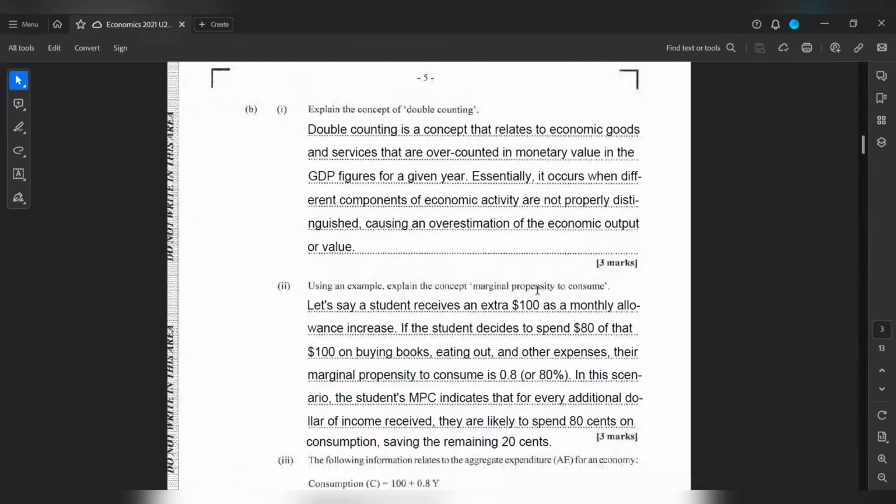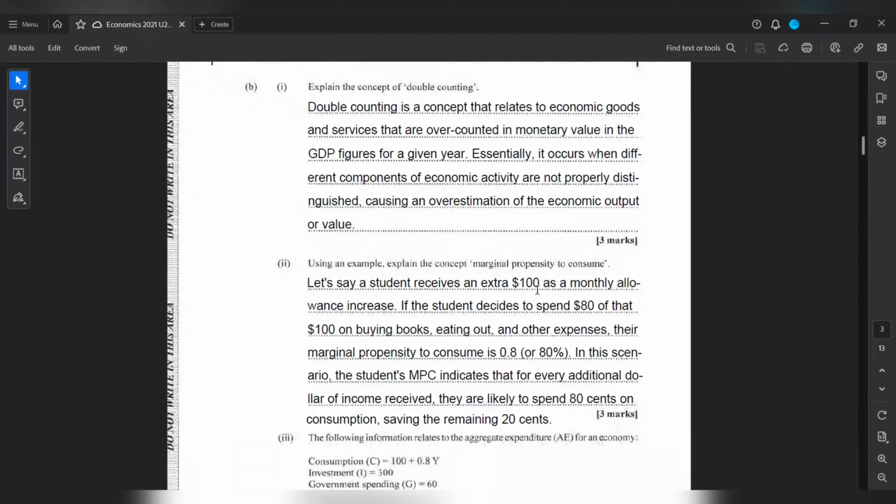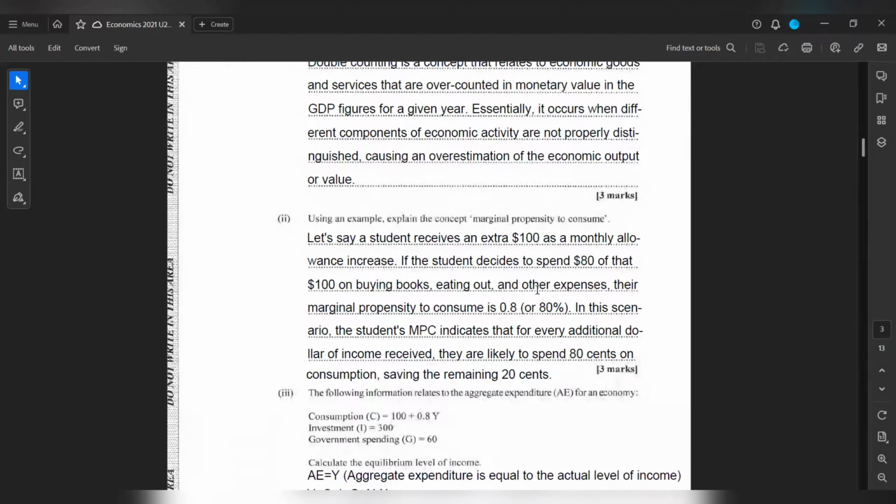Part 3, the following information relates to the aggregate expenditure, AE, for an economy. We have consumption, C, which is equal to 100 plus 0.8Y, investment, I, equal to 300, and government spending, G, equal to 60. Calculate the equilibrium level of income.